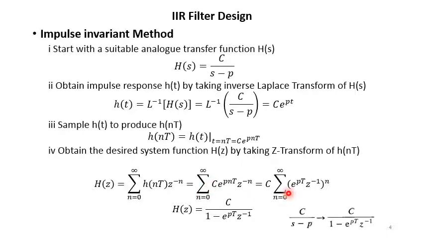Doing so, the Z transform will be C over 1 minus e^(pT) z^(-1). Simply, we can say that the system function C over s minus p in the impulse invariant case results in C over 1 minus e^(pT) z^(-1).